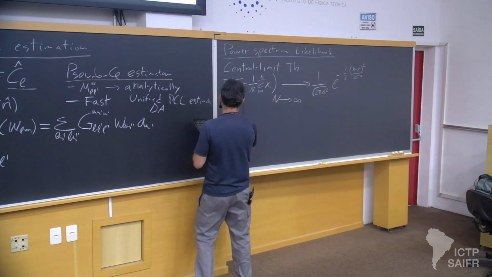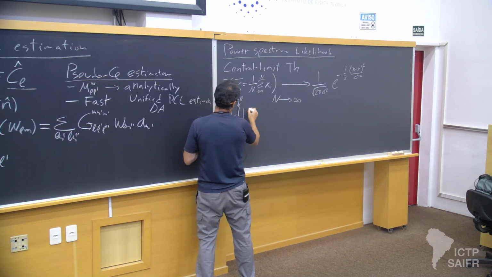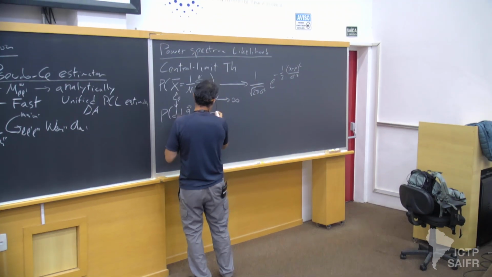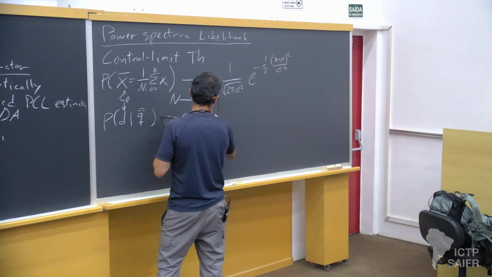So we're going to use this as the likelihood for our data. Our data now is going to be a bunch of CL measurements. And our likelihood will be proportional to the exponential of minus 1/2.